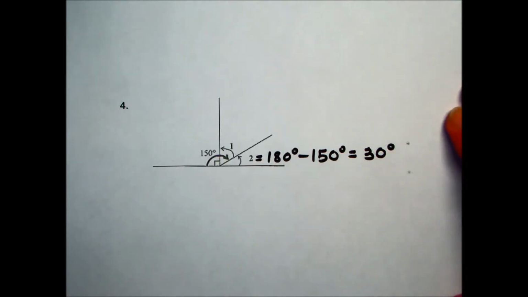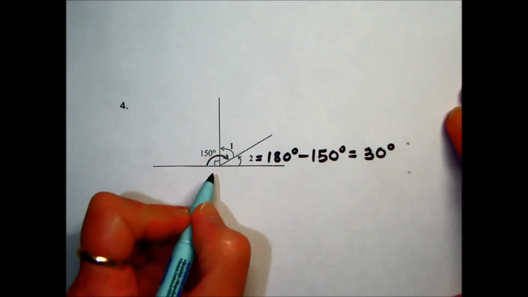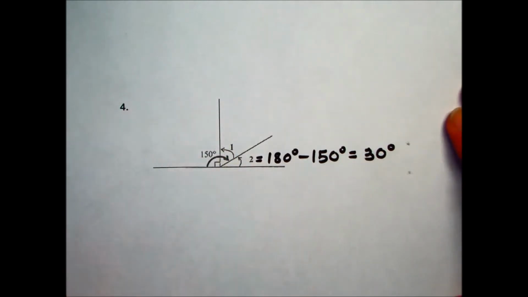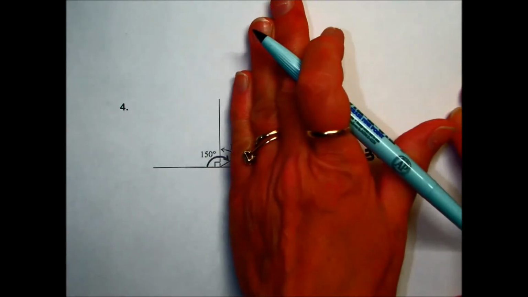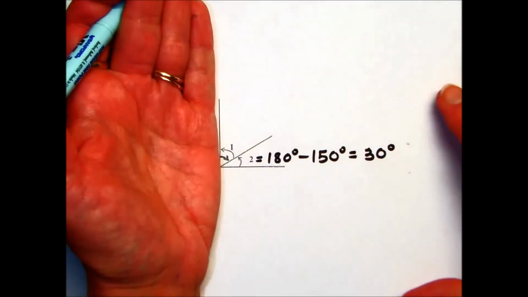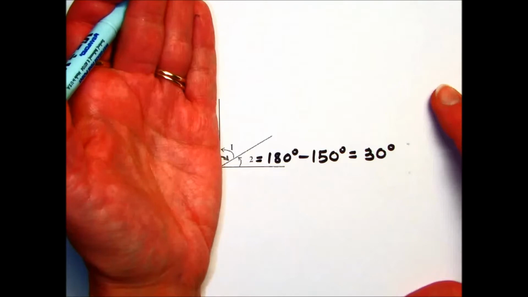If we look at some of the information that's here or implied, this box indicates that this vertical line and the horizontal line are perpendicular. In other words, they equal 90 degrees. So on the left-hand side, it's 90. And on the right-hand side, angles 1 and 2 combine to give us a 90-degree angle.